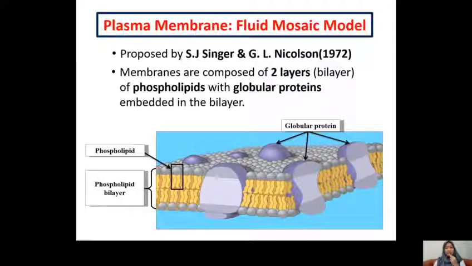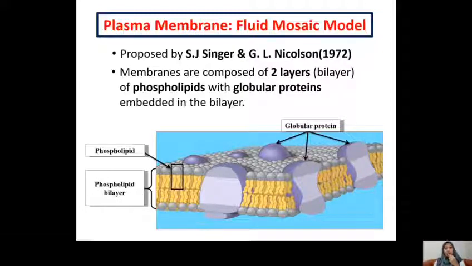Based on Singer and Nicholson, they proposed that the plasma membrane is made up of two layers of phospholipid and globular protein. So this is how it looks. There are structures that we call phospholipid, and there's another structure that we call phospholipid bilayer.